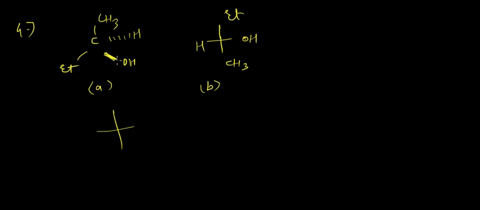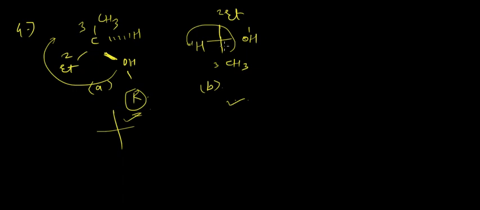Okay, so let us actually have the R and S configuration for the sawhorse and for this wedge-dash formula. So you know that this is the first in priority, this is the second, and this is the third. So this would be R, because the least priority group is on the dash of the wedge-dash formula of this compound, so it will remain R. And in this case, this is the first priority, this is the second priority, this is the third priority.